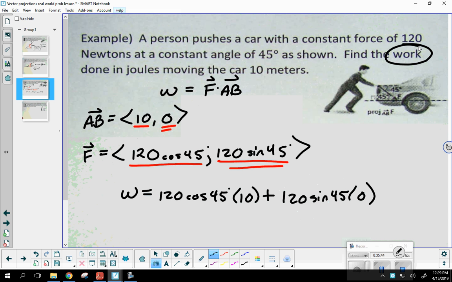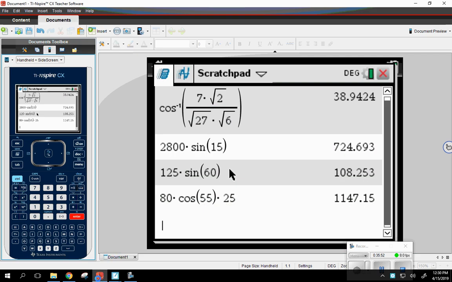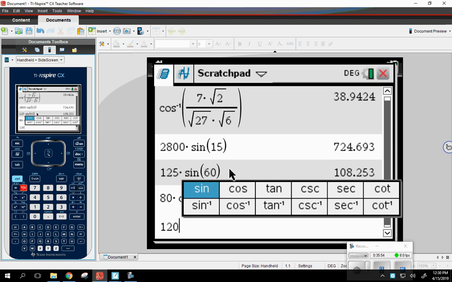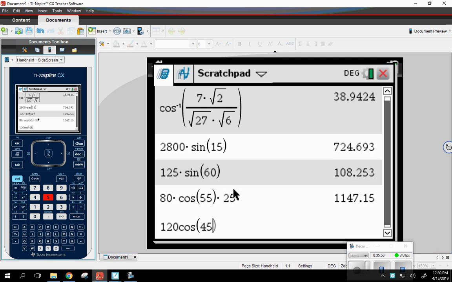The second part here, when you have 0, you don't have to worry about that. So let's see, what's 120 cosine of 45 times 10?